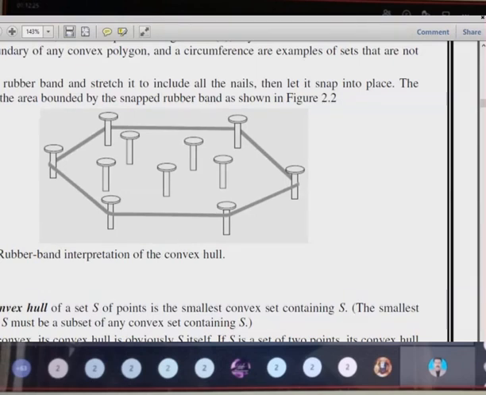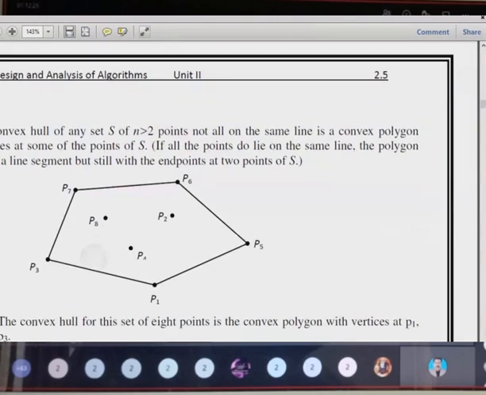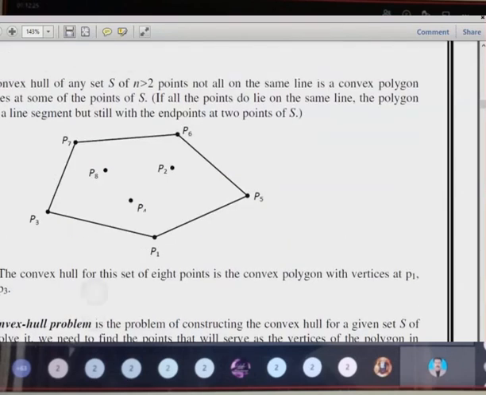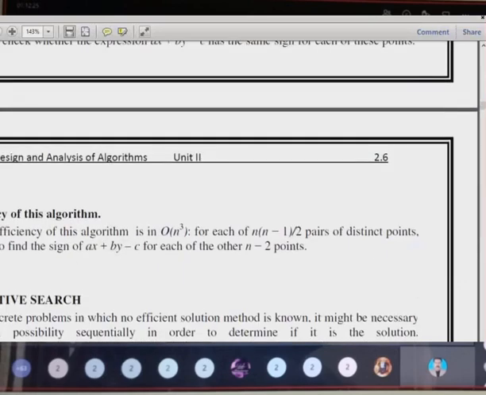Here the endpoints are P1, P3, P7, P6, P5. The endpoints are otherwise called extreme points.